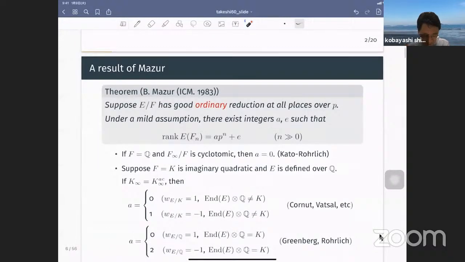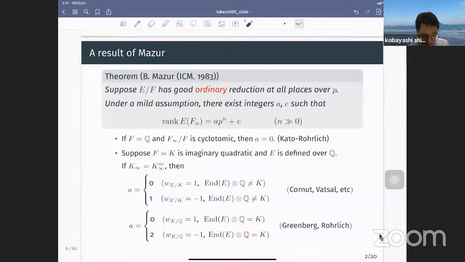Now we consider the anticyclotomic case. So F is K, an imaginary quadratic field. And for simplicity, maybe we assume E is defined over Q. And we consider the anticyclotomic Z_p-extension.